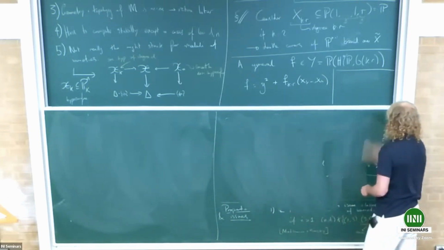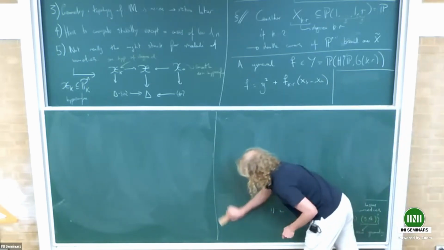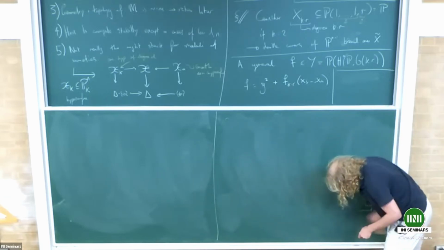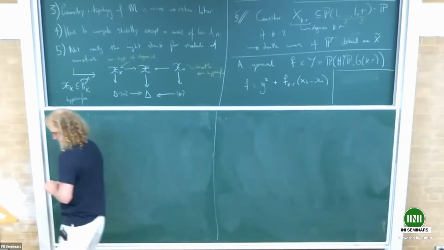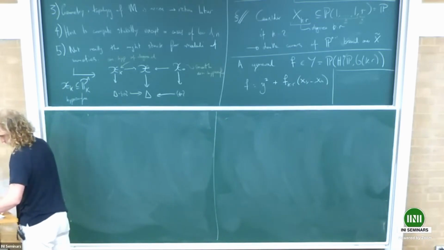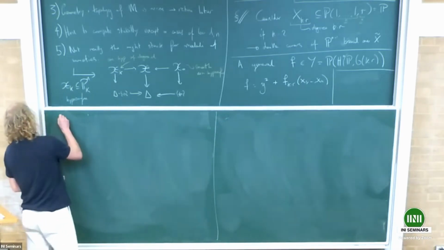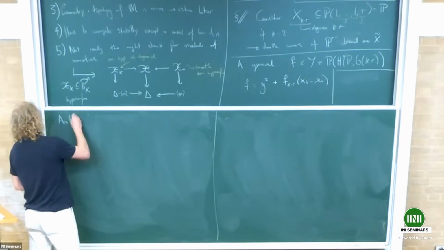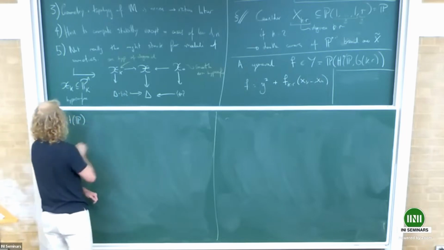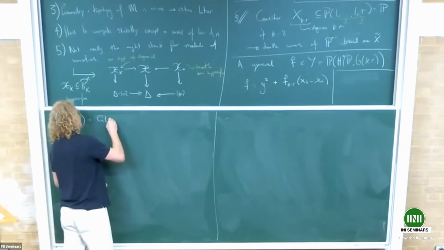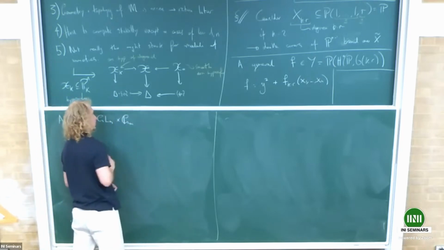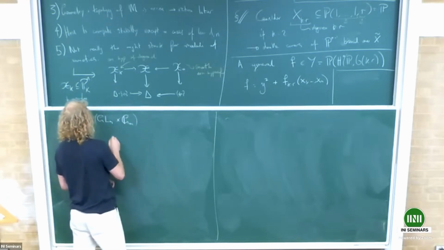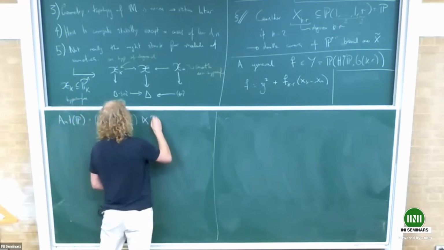I'm going much slower than I planned. Now the automorphism group of this P(1,...,1,r) is equal to a general linear group acting on the x's, and we have some scaling factor acting on the y, and we have some unipotent radical.